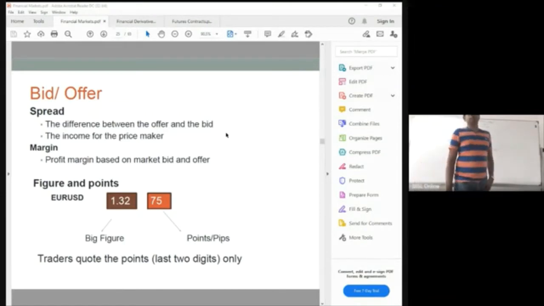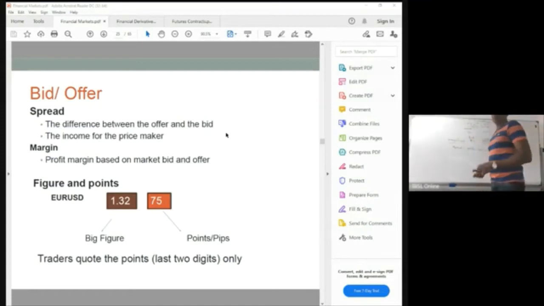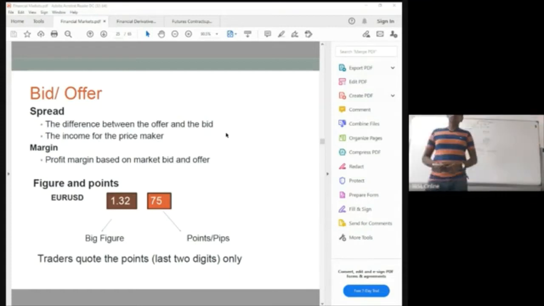And the next point is how an exchange rate is quoted. For this example, euro dollar quoted as 132.75.